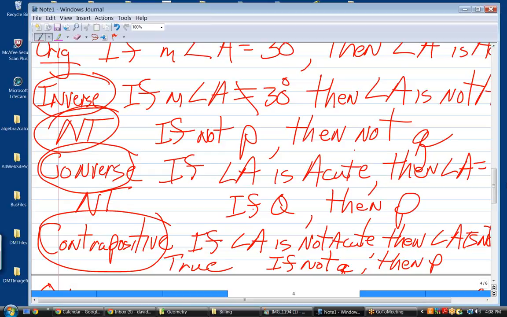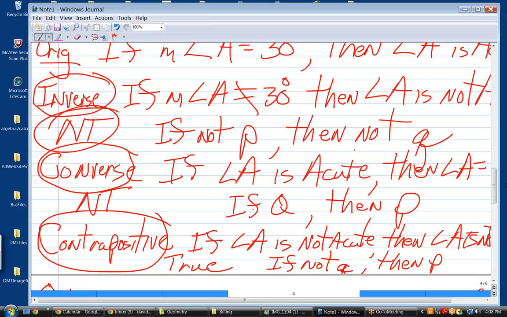Kind of like the Pythagorean Theorem. If you have a right triangle, then a squared plus b squared equals c squared. That's actually if and only if. In other words, that works both ways. The inverse is true, the converse is true, and the contrapositive is true.